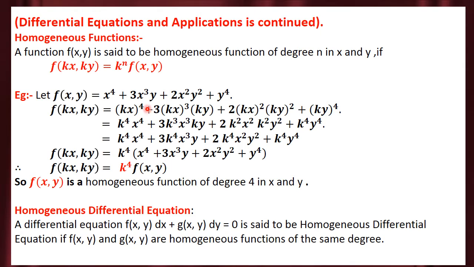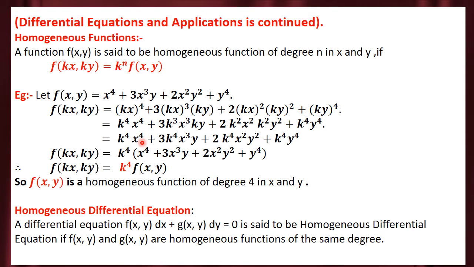Now we will separate the exponent for both k and x in each term. k raised to 4 x raised to 4 plus 3k cube x cube ky plus 2k square x square into k square y square plus k raised to 4 y raised to 4.